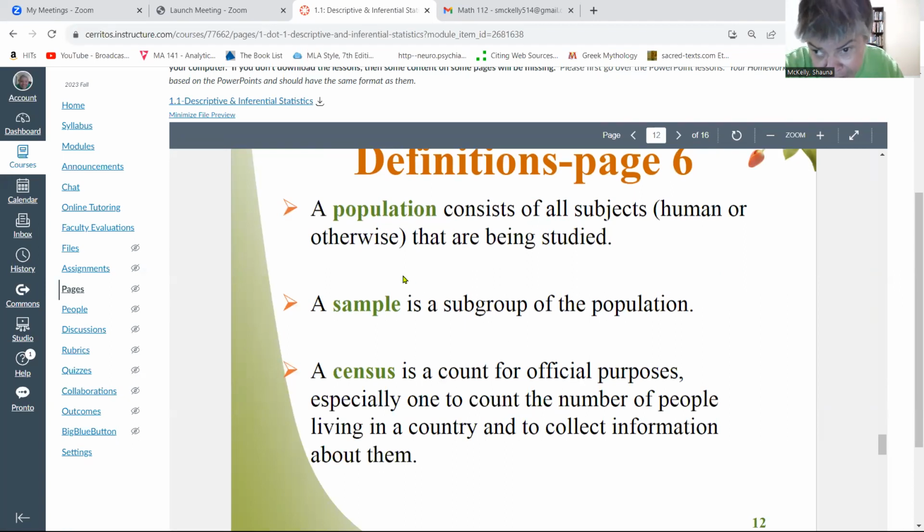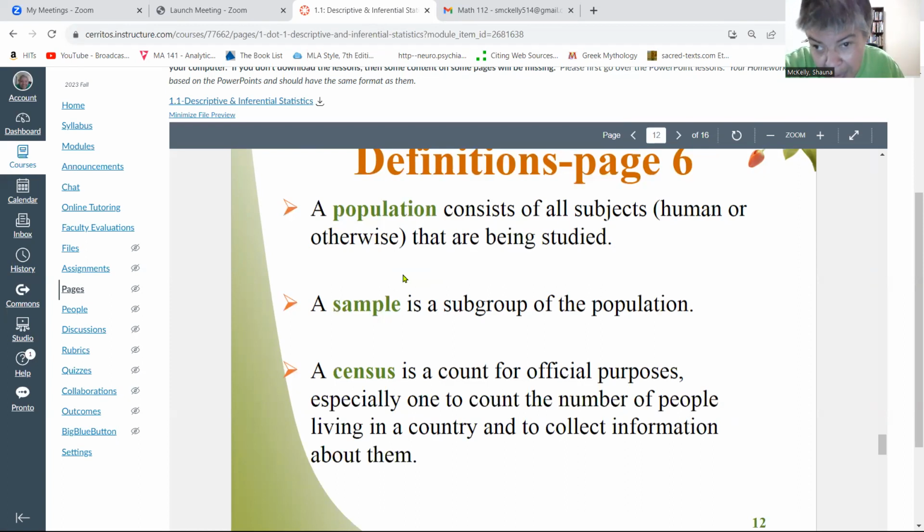A population consists of all subjects, human or otherwise, that are being studied, okay? So let's say that I'm a researcher, right? And I want to study the average age of college students in 2023 versus the average age of college students back in 2020, before, right, when the pandemic happened.